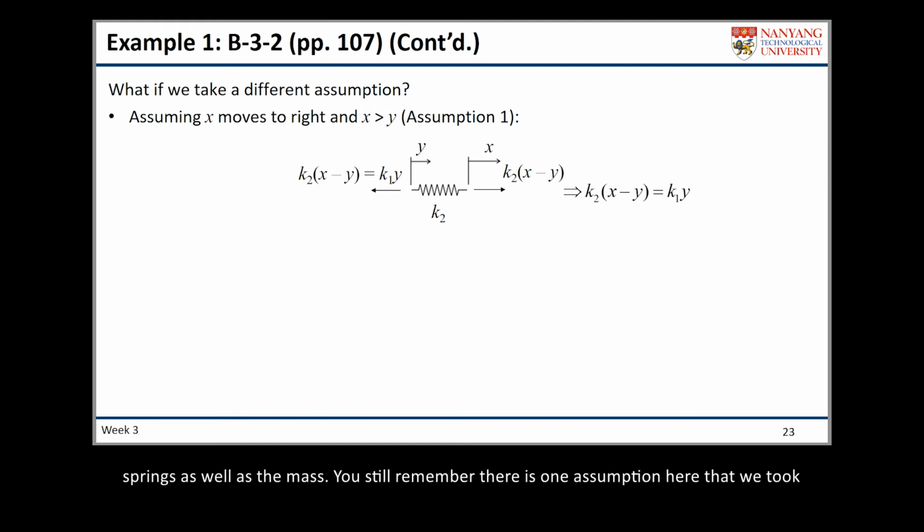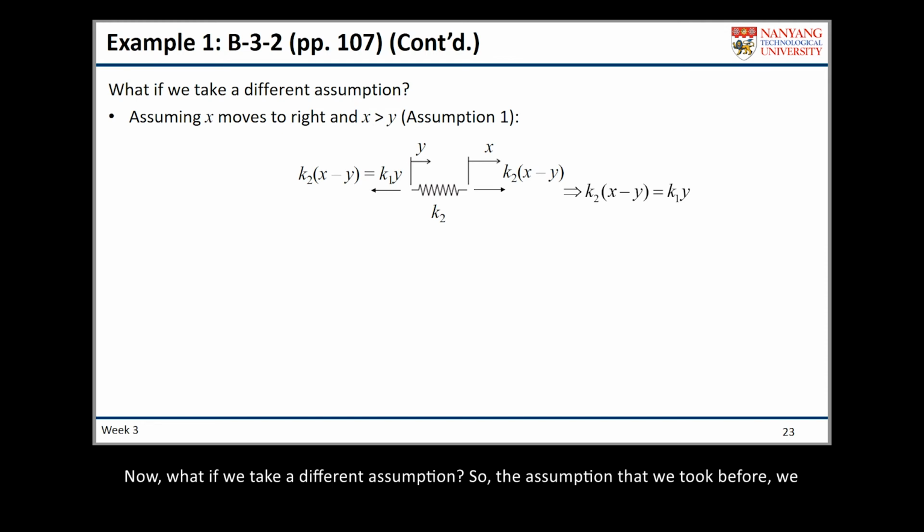You still remember there is one assumption that we took when we derived the differential equation, the assumption that we took when we analyzed the second spring: the right end of spring K2 is moving more than the left end of the spring K2, or x is greater than y. This is the assumption that we took when we derived the differential equation of the system.